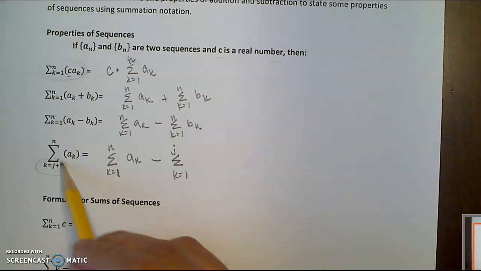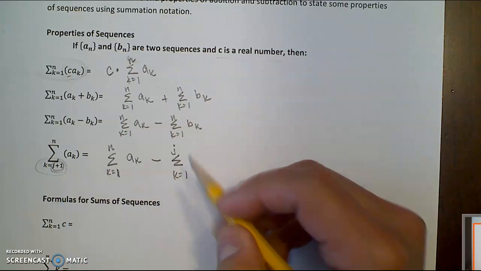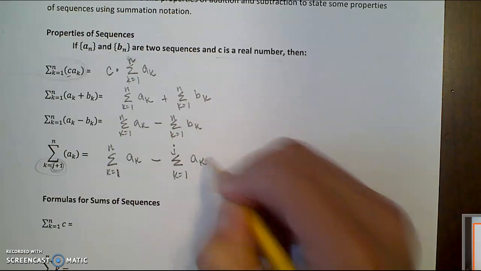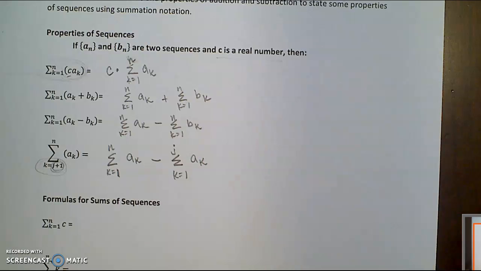So we're basically breaking up that summation between some number j and 1. Once we get to a couple of examples, you're going to see how we use these properties.